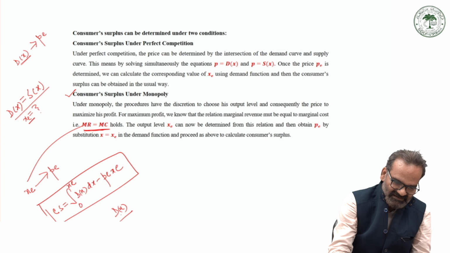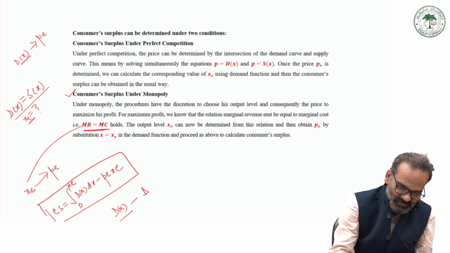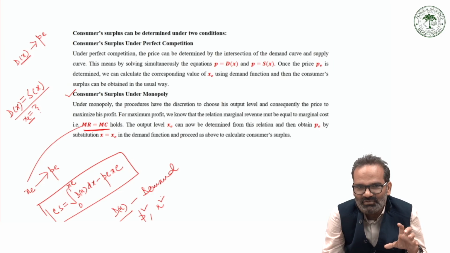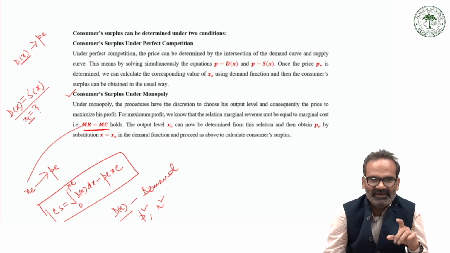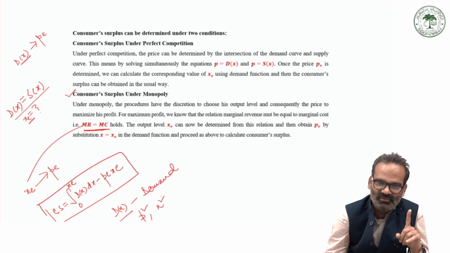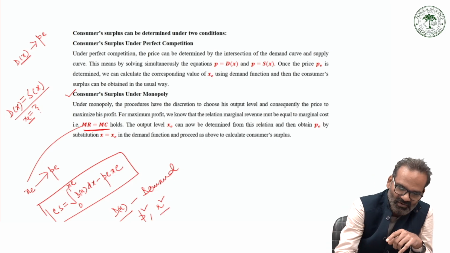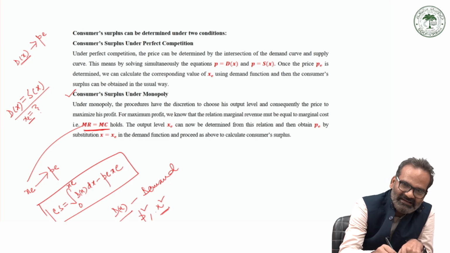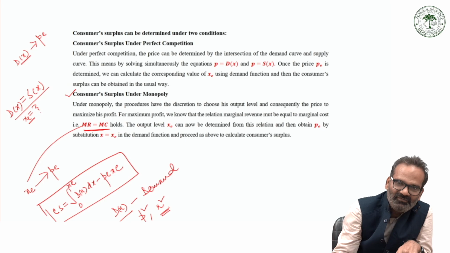So the demand function, Dx, should be given to you, right? And then of the two terms p and x, either p is known or x is known. Out of price and quantity demanded, only one must be known to you. If x is known, put the value of x in the demand function and you will get the value of p. And if p is known, put the value of p in the demand function and you will get the value of x.